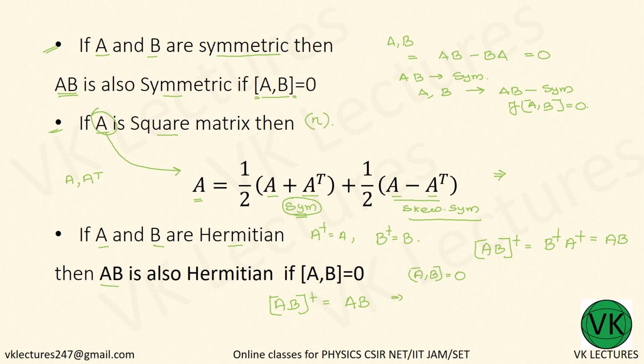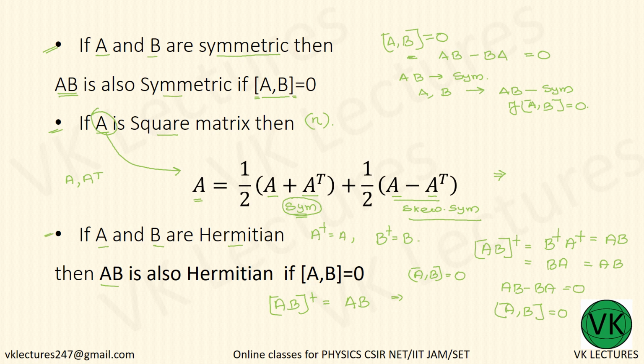Because we already know A and B are Hermitian, this B dagger A dagger can be written as BA. Now BA equal to AB means AB minus BA equals 0. If AB minus BA equals 0, you can write the commutator A comma B equals 0, because we have already seen that A comma B equals AB minus BA.